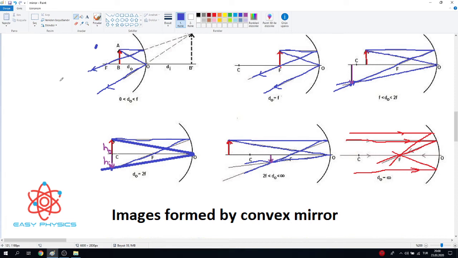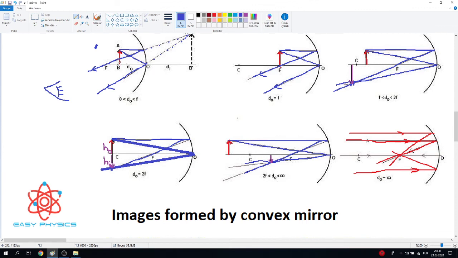But if you are an observer looking from here, you are going to see that these two light rays are appearing to come from some point behind the mirror. The real light rays are not crossing each other at this point, but their extensions are crossing. That's why a new image is formed, and this kind of image is called a virtual image.